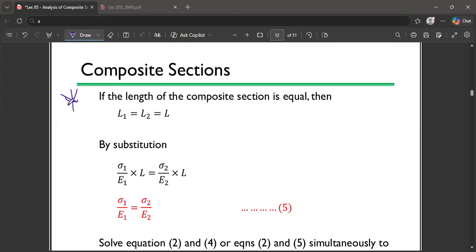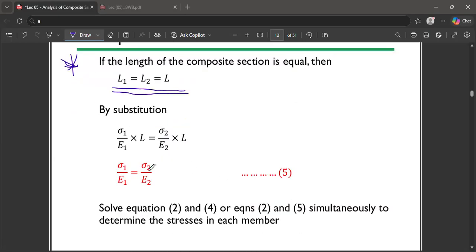Take note that if the length of the composite section is equal, then L1 is equal to L2 is equal to L. And in that case, by substitution, this is the formula we are going to be using.